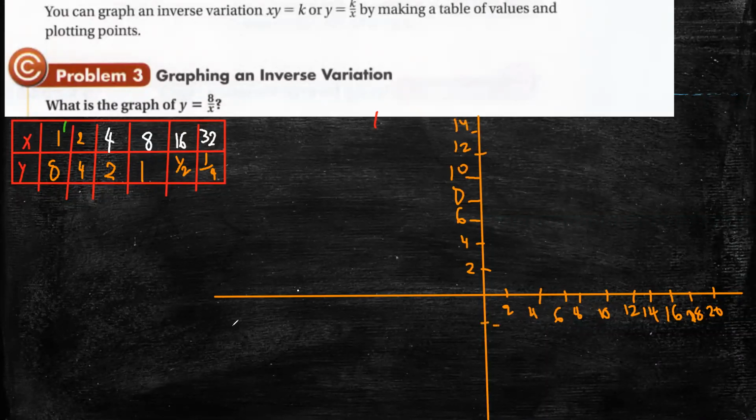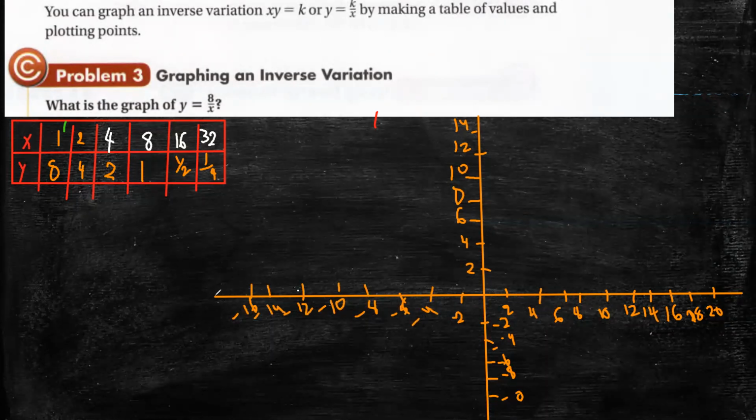And here we have -2, -4, -6, -8, -10. And here we have -2, -4, -6, -8, -10, -12, -14, -16, and so on.